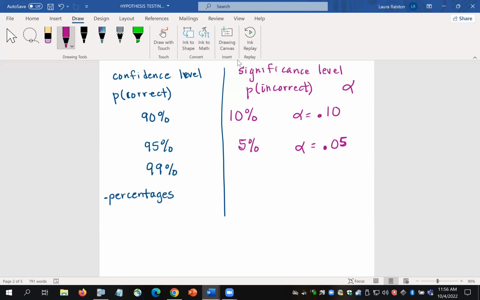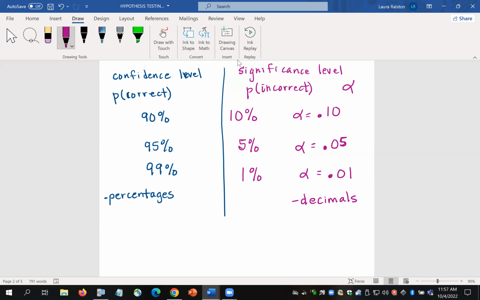If I'm 99% confident that I'm correct, then there is a 1% chance that I'm incorrect, which written as a decimal is 0.01. And again, typically your significance levels are presented as decimals rather than percentages. It's not wrong to write it as a percentage, but typically it's presented as a decimal.